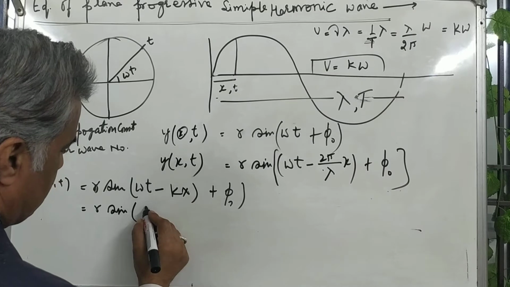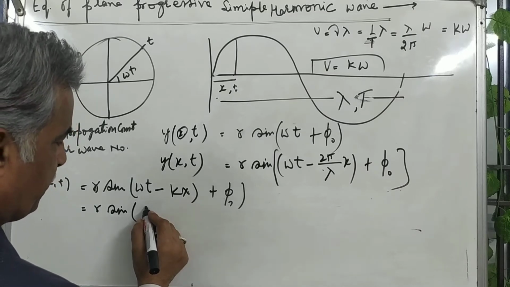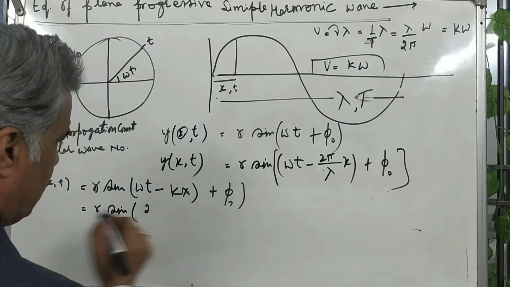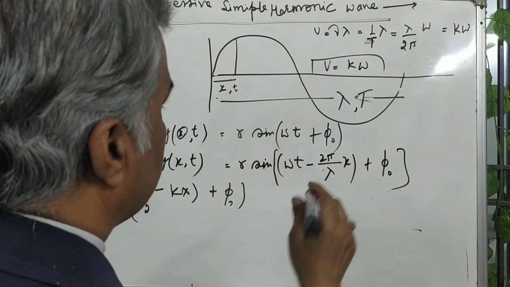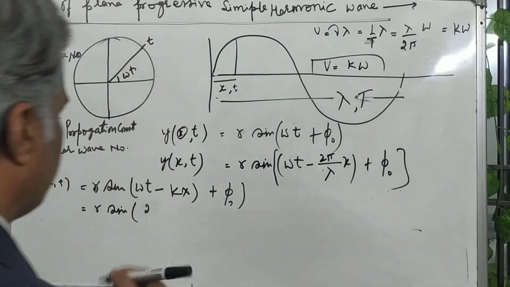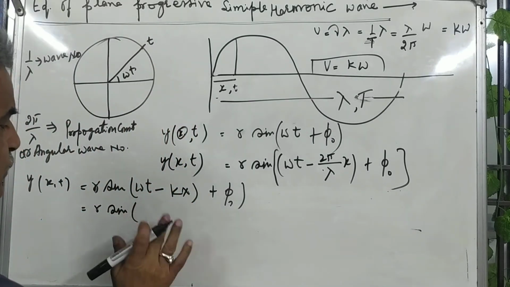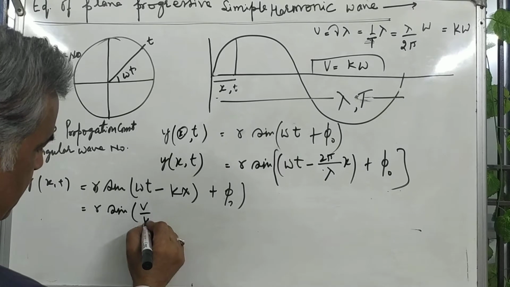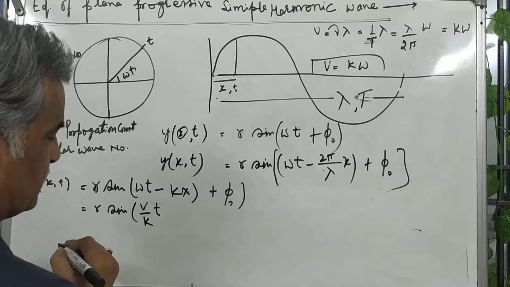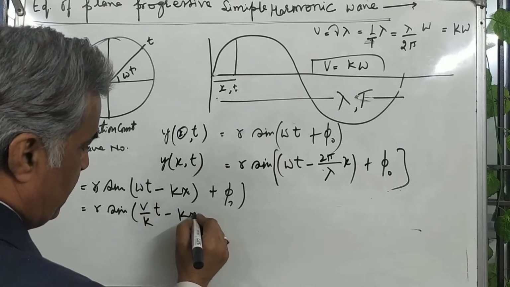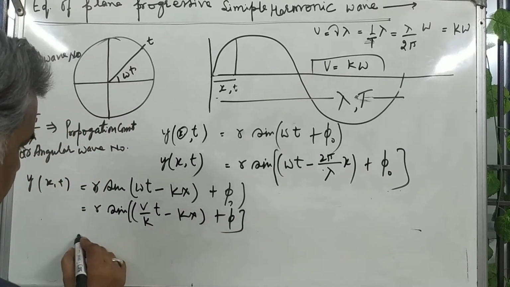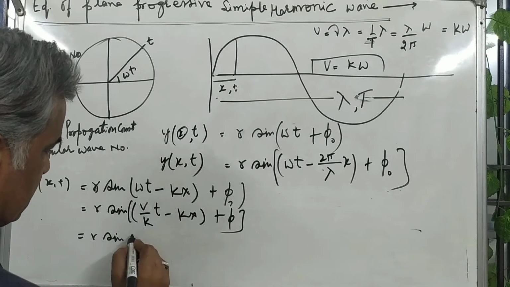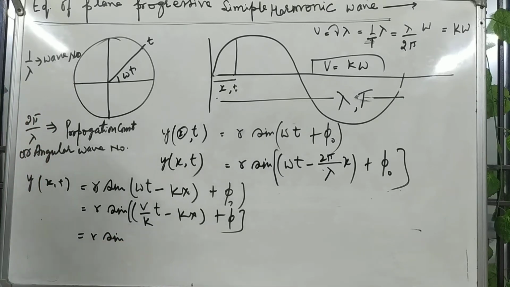Omega is 2 pi by T, and k equals 2 pi by lambda.